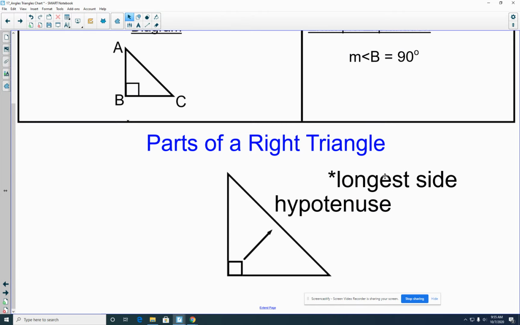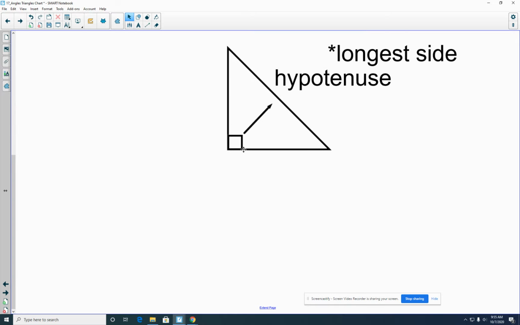If you think back to potentially the Pythagorean theorem, the hypotenuse was your c in a squared plus b squared equals c squared. It was always the longest side. Now, the other two sides that make up the right angle are known as the legs. A leg here and a leg here.